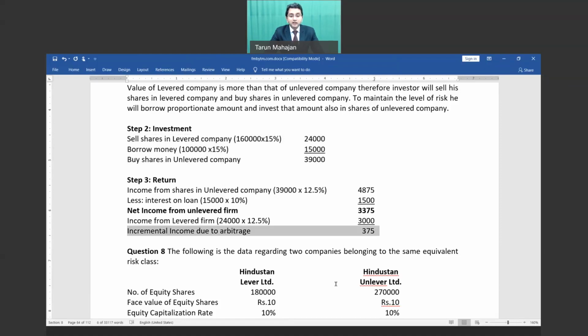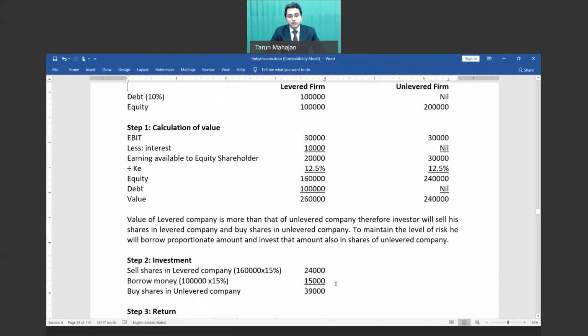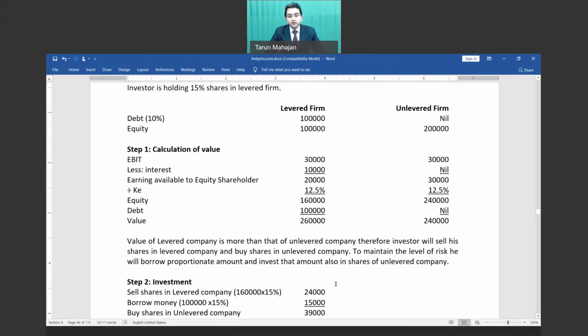Now those are the characteristics of arbitrage. No additional investment, no additional risk, still additional return. If this is feasible, then definitely I will do arbitrage. If people start doing arbitrage, every rational person will try to sell shares in the levered company and buy shares in the unlevered company.